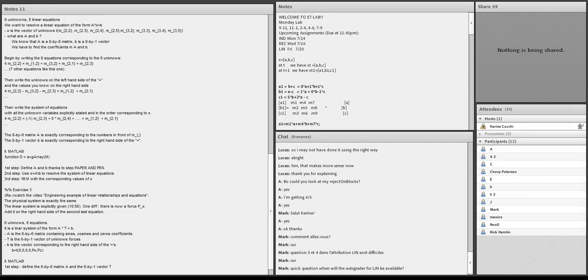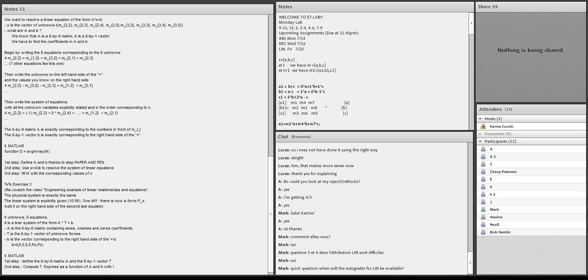It is expressed as a function of the matrix A and the vector B, and you can use the backslash operator to compute that. All right, so let's move on to the last exercise now.